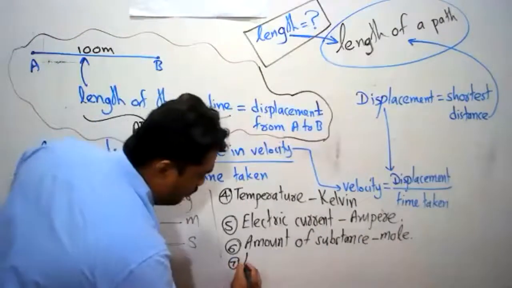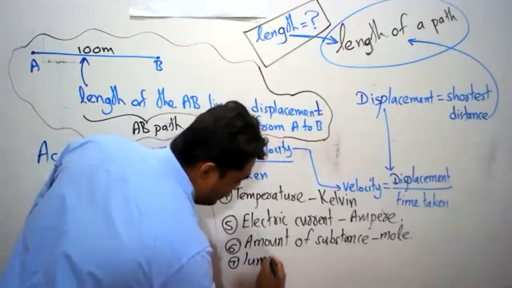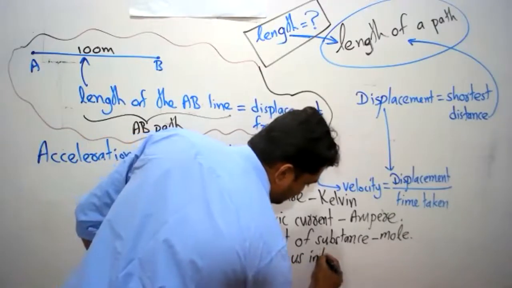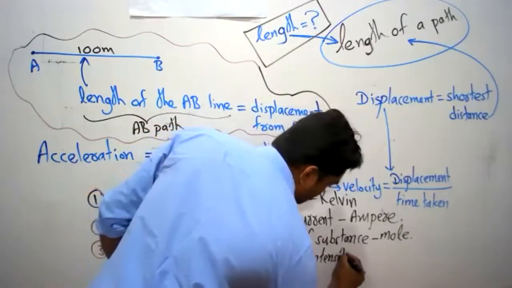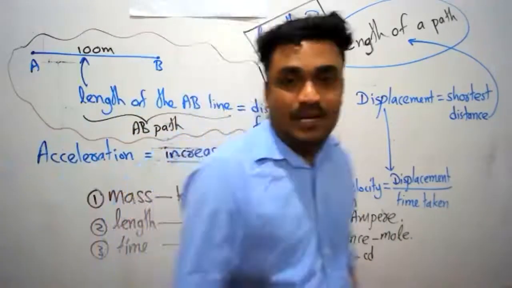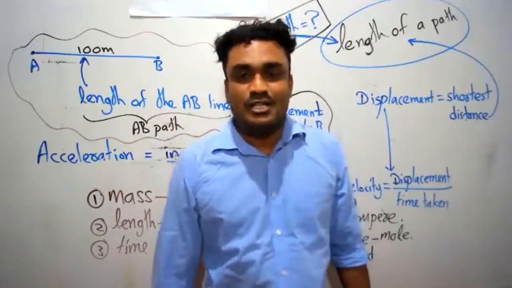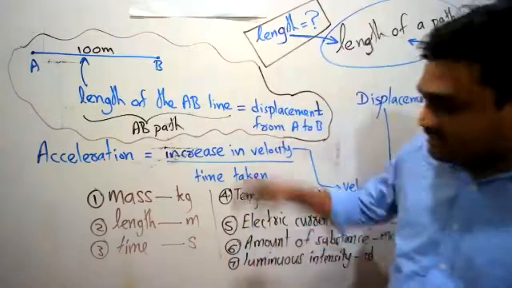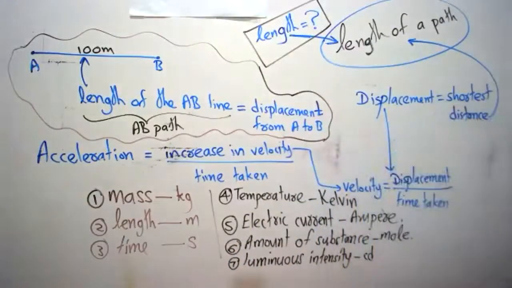Final one, luminous intensity. What is the SI unit here? Candela. Simple C, simple T. The letters are simple because there was no human called Candela. Please write the 7 fundamental physical quantities and their units. Start.